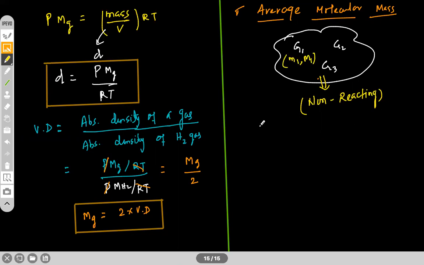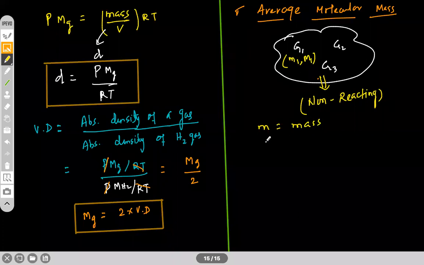So if this G1 has, suppose, m1 mass, and capital M1 is the molecular mass. Small m is the mass and capital M is the molecular mass.